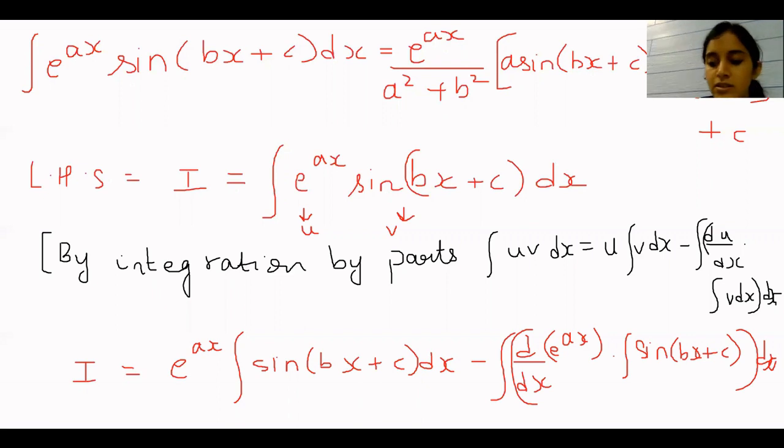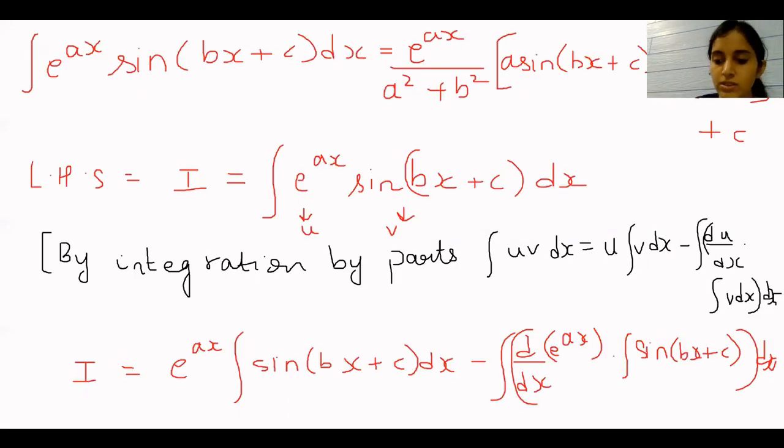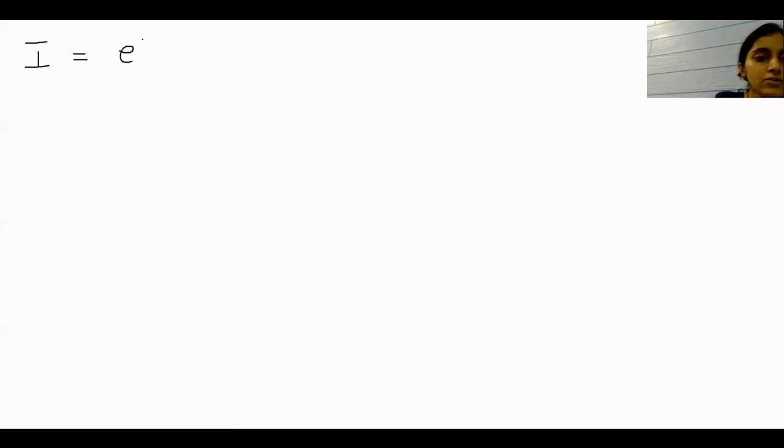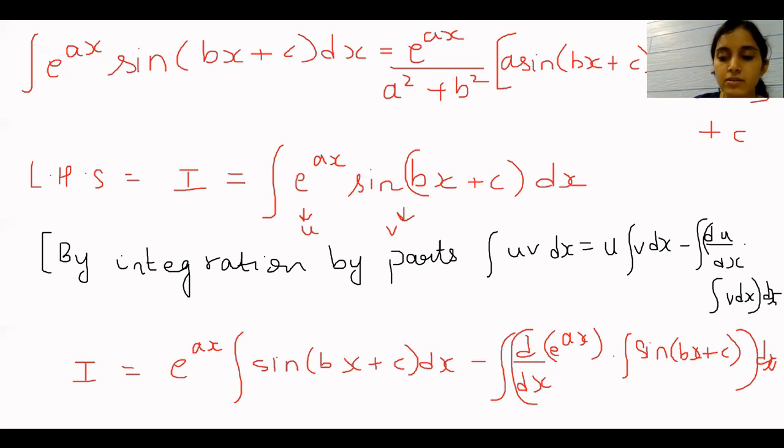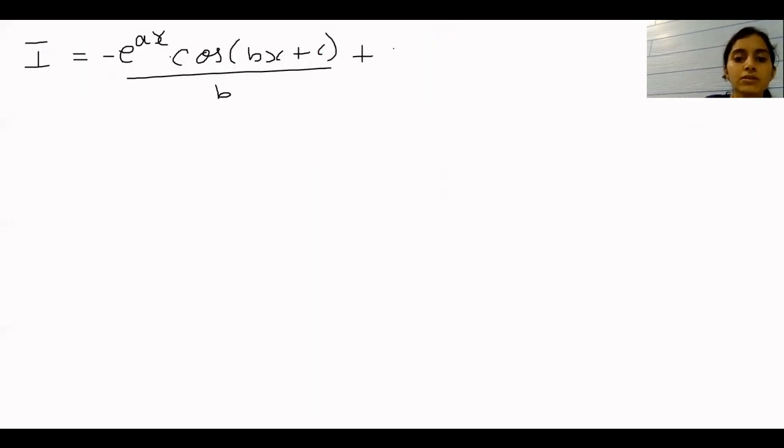Okay, let's integrate this. So I will be equal to e raised to ax. What is the integration of sine? Minus cos. So e raised to ax as it is, into minus cos bx plus c divided by b. Correct? Yes. Now plus c1 will be there, but we can write that in the end, or if you want you can write it over here, plus c1.